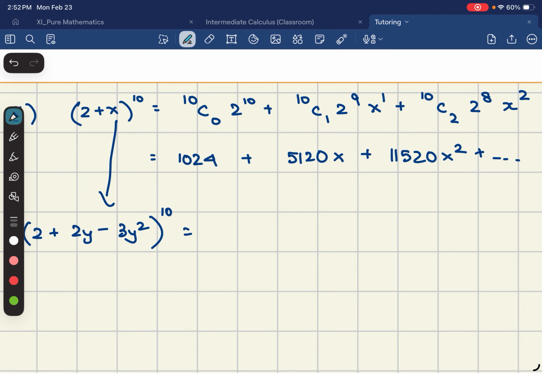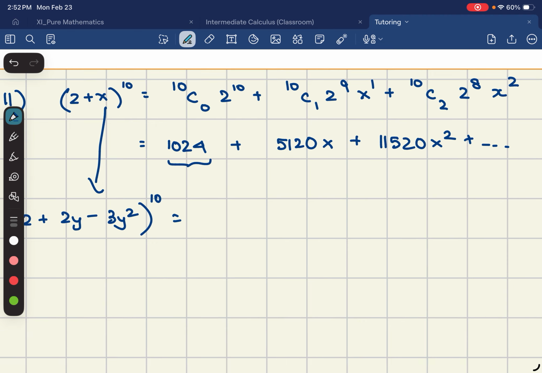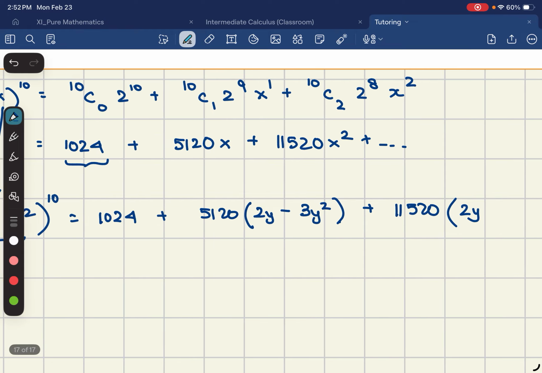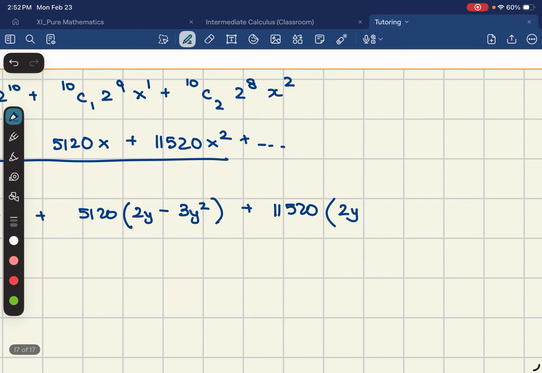So that is 1024 plus 5120, and instead of x, I'm going to substitute 2y minus 3y squared, plus 11520. And usually, if they ask me to find something in A, I'm probably going to be using that in B. So I don't have to expand everything again.